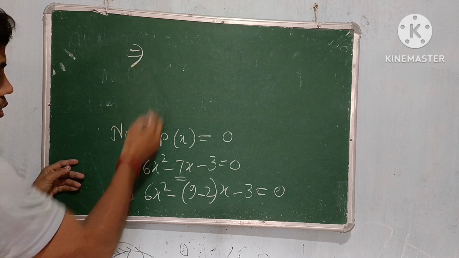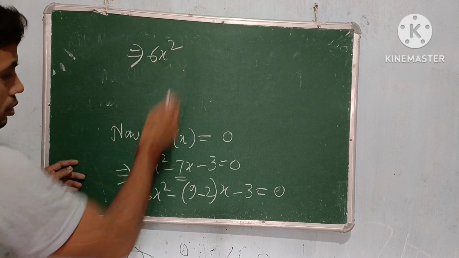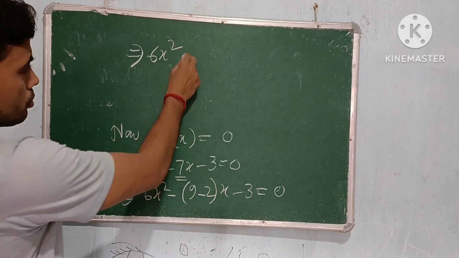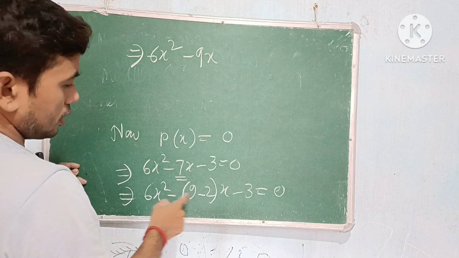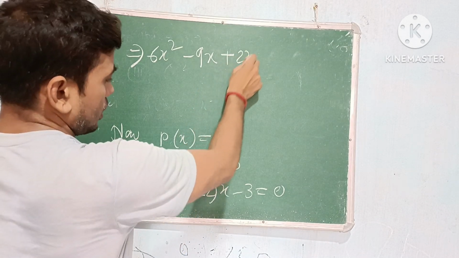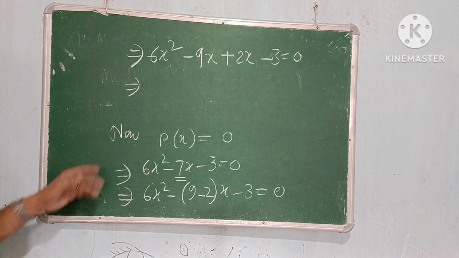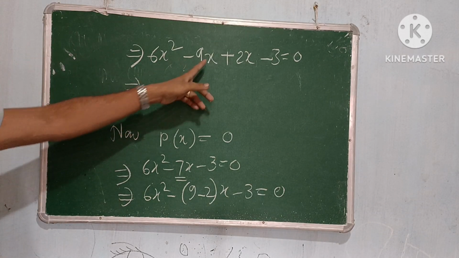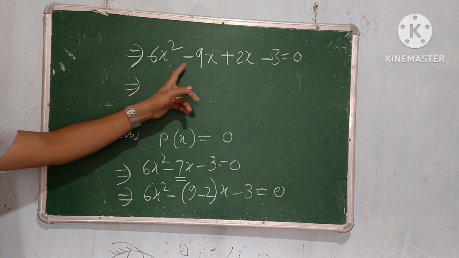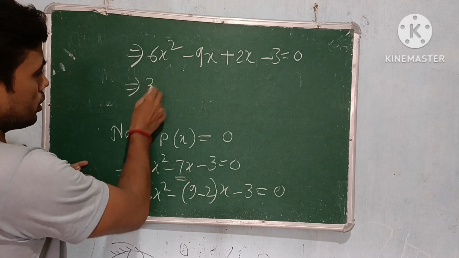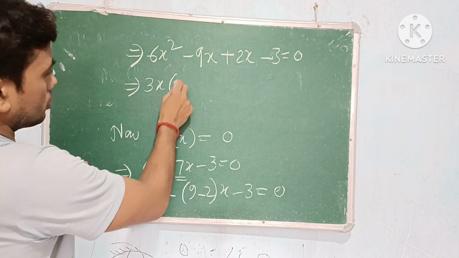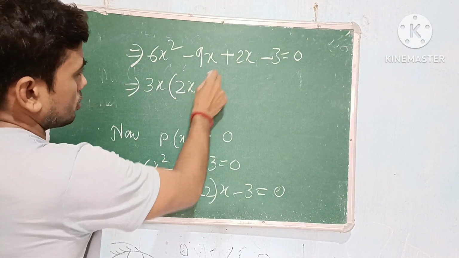What we get? 6x square minus 9x plus 2x minus 3 is equal to 0. So we take common 3x from the first two terms, because 3 twos are 6 and 3 threes are 9. So we get 3x into (2x minus 3).